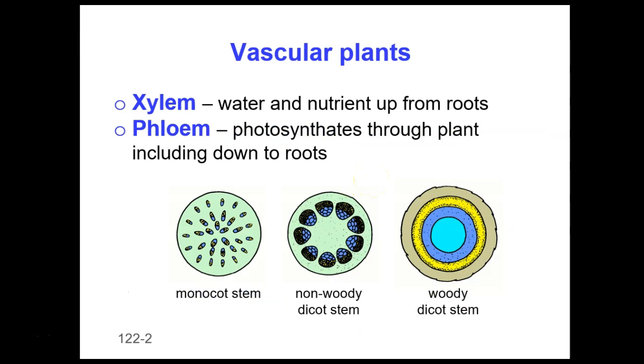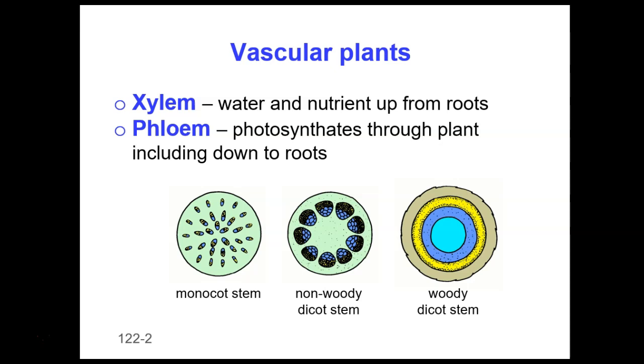Vascular plants have a method to transport water throughout the plant body part. They have actual veins. Xylem and phloem are similar to animal biology, where you have a circulatory system. So in the xylem, water and nutrients move up from the roots where they were absorbed, and the phloem takes photosynthate through the plant.